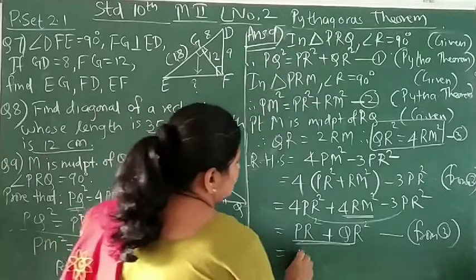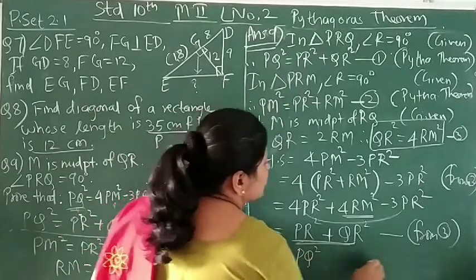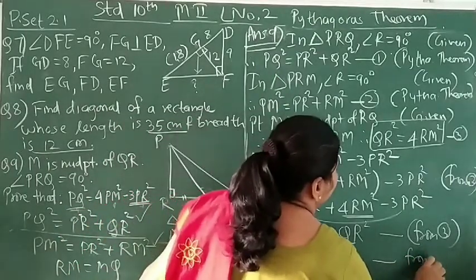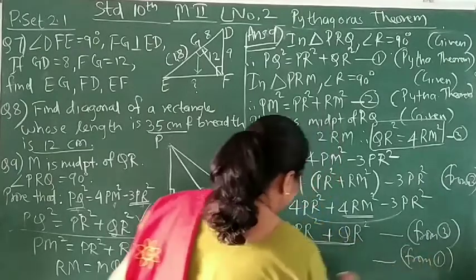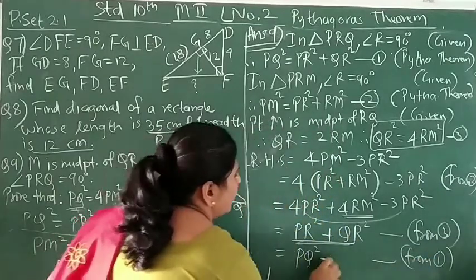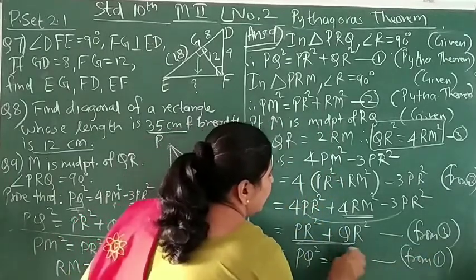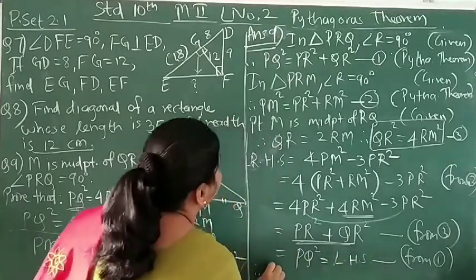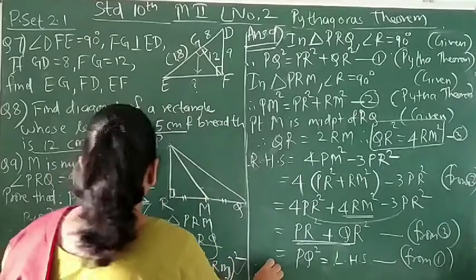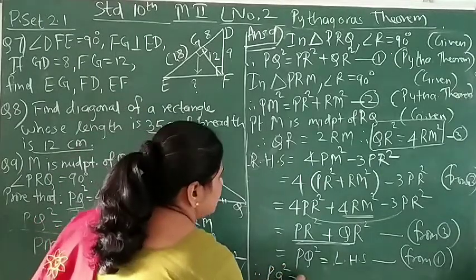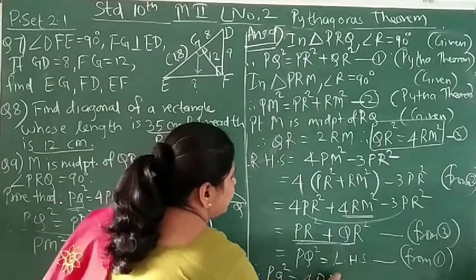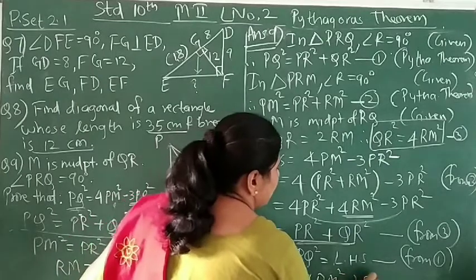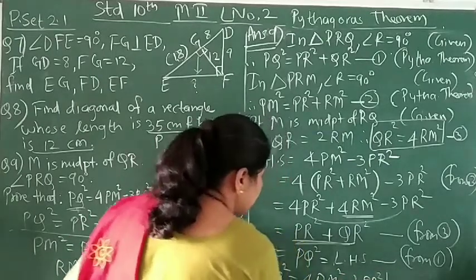Okay, this is going to be equal to PQ square from 1. So in this way we have proved RHS is equal to your LHS, left hand side, and therefore you have proved that PQ square is equal to 4 times PM square minus 3 times PR square.